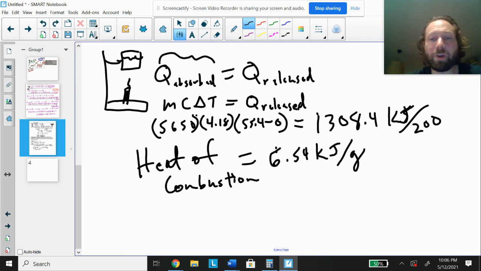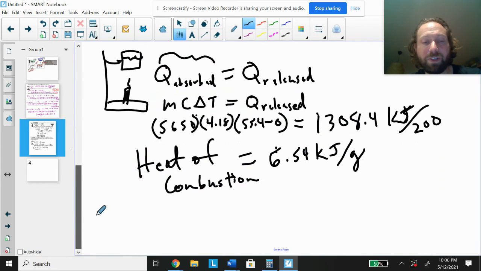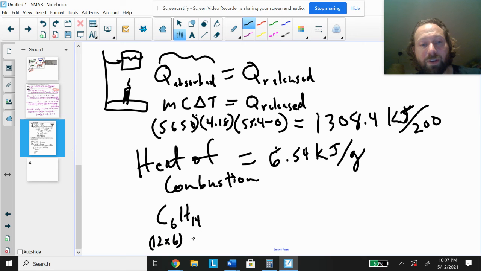Now, the molar heat of combustion is simply taking the molar mass. For hexane, C6H14, the molar mass is carbon, 12 times 6, plus hydrogen, 1 times 14, so that's 72 plus 14, which is 86 grams per mole.